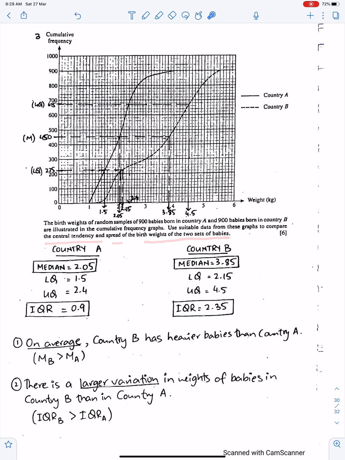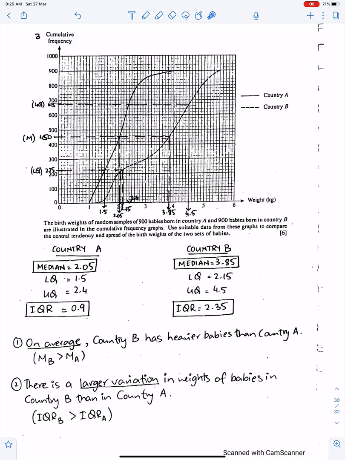Now central tendency means mean, median and mode. Spread means range, interquartile range, standard deviation and variance. Now you have to decide which particular central tendency you will use here and which particular spread you will use here.